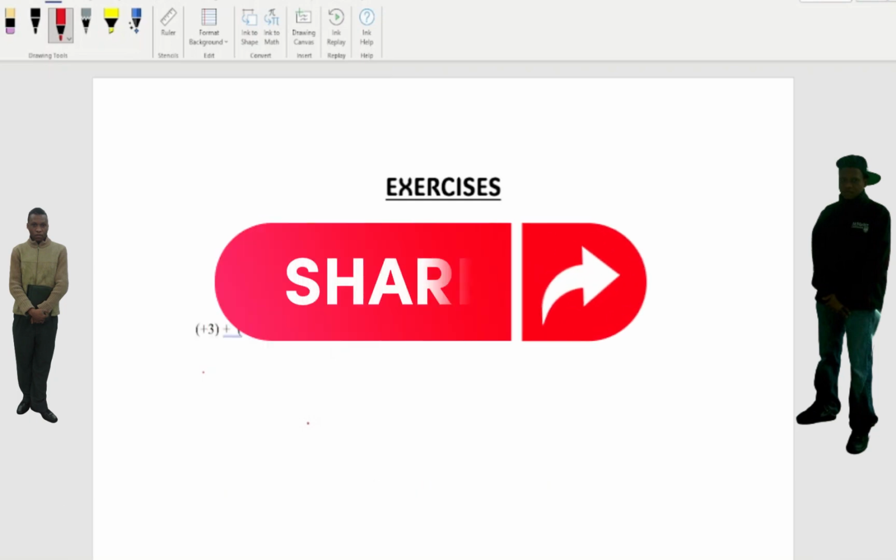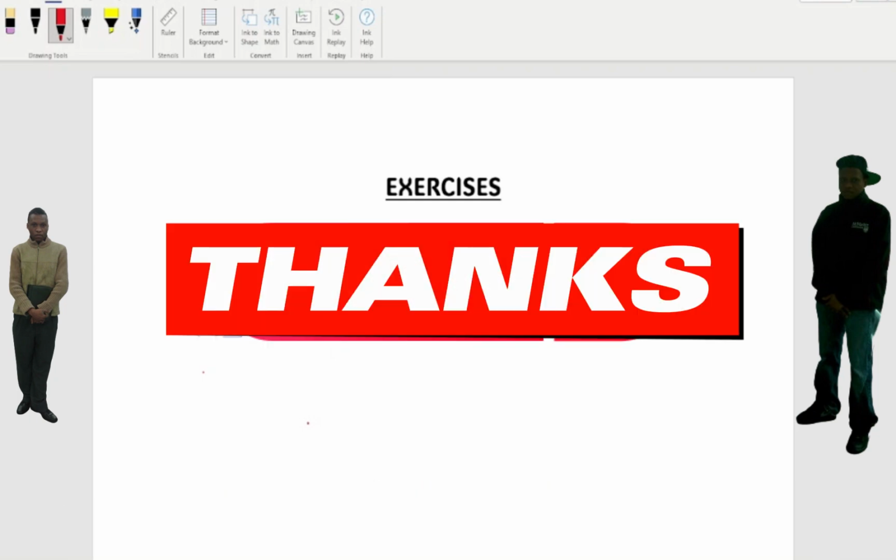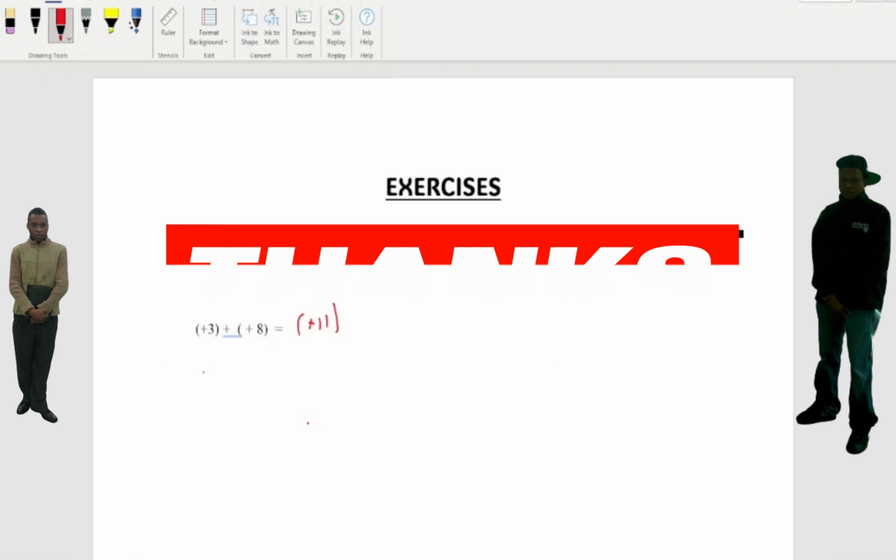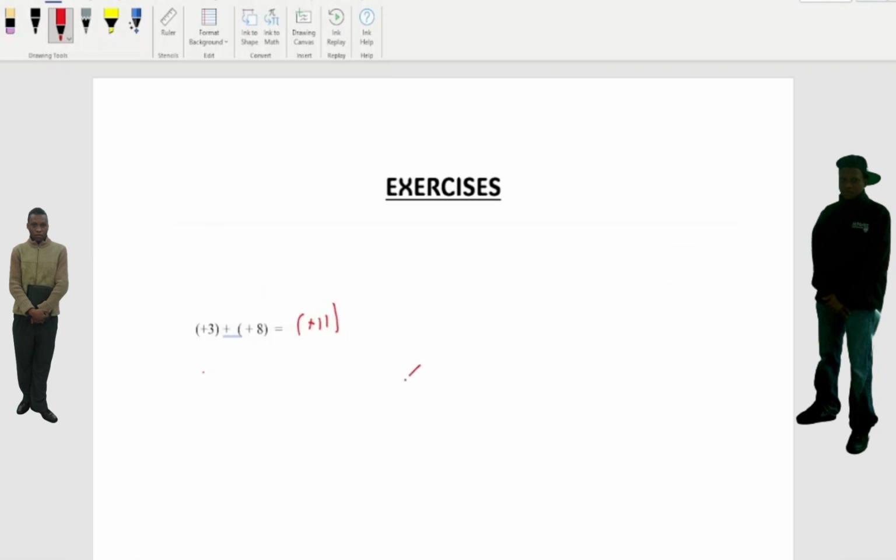Because what happened is, you see, this one is the left side, the negative one.